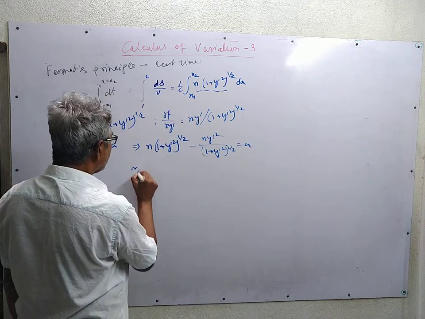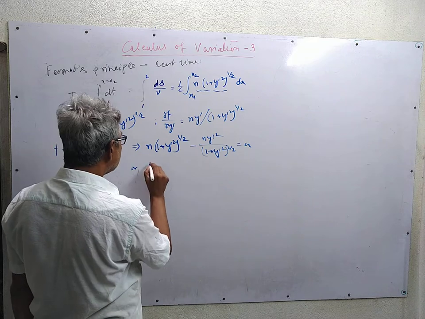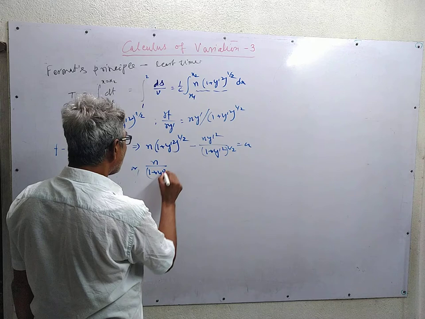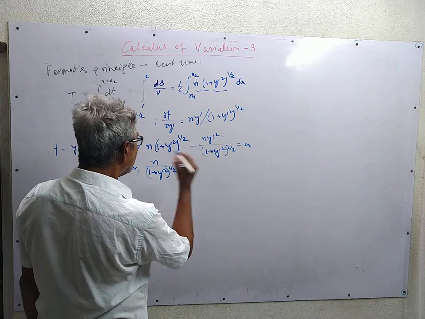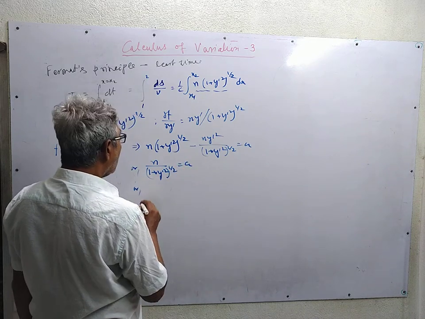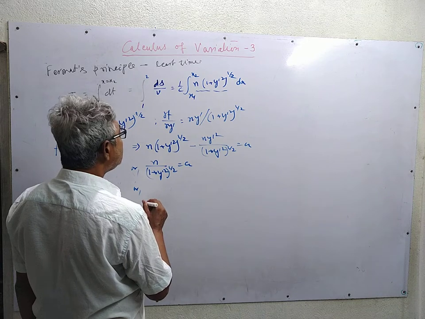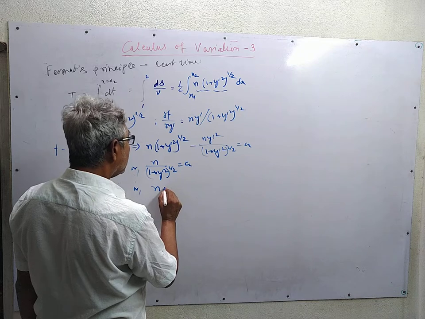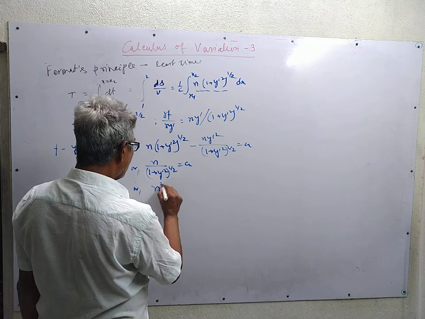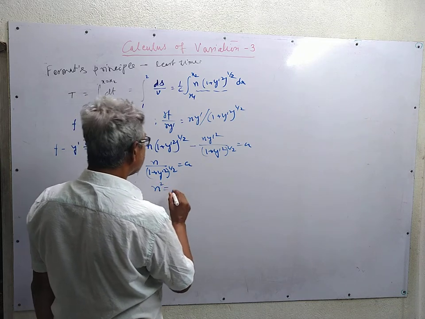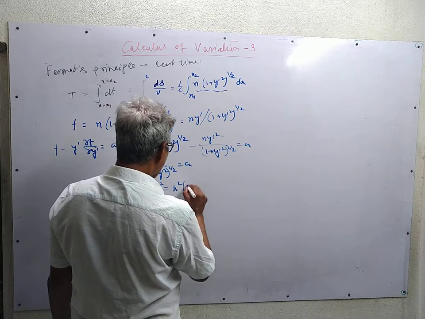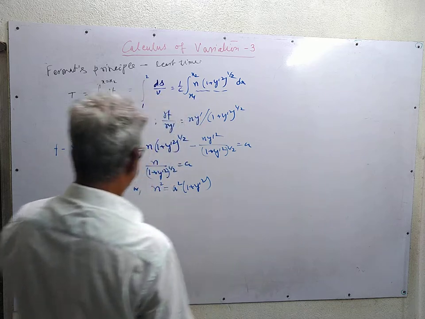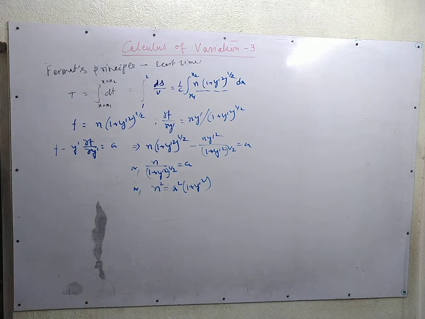On simplification we get n by the square root of 1 plus y prime square is equal to a, or n square is equal to a square times 1 plus y prime square.